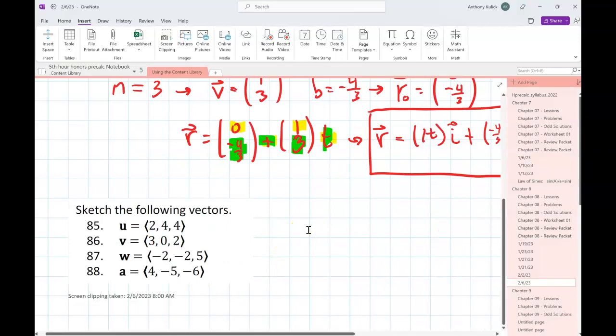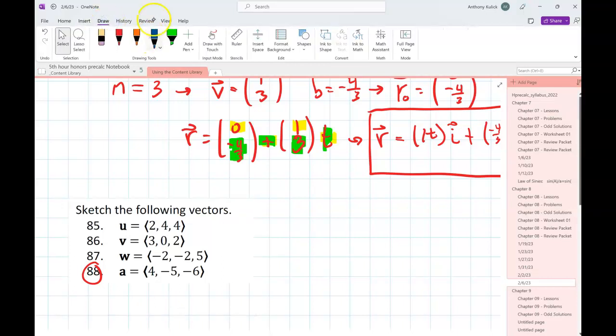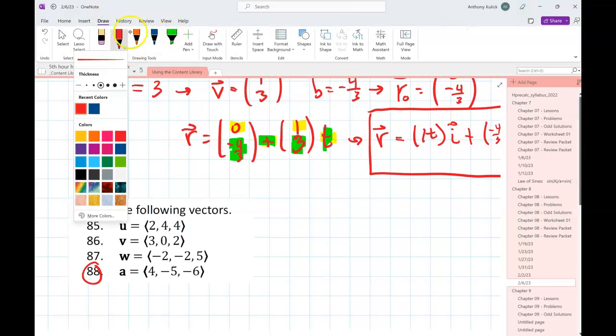So it says sketch the following vector, and we're looking at 88 here. So I'm going to draw myself an XYZ axis.